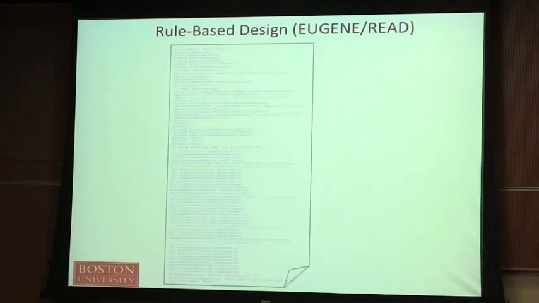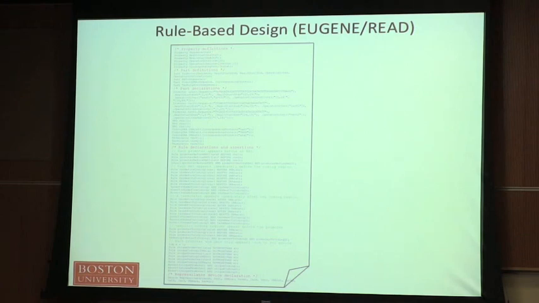So what we did is we partnered with Doug Densmore at Boston University, and Doug had caught my attention because he developed a way of articulating a genetic design that was fundamentally different than how we had been thinking of it. It's part of what he calls the Eugene language. So instead of that vector, there's a code here, and don't worry about what it looks like.